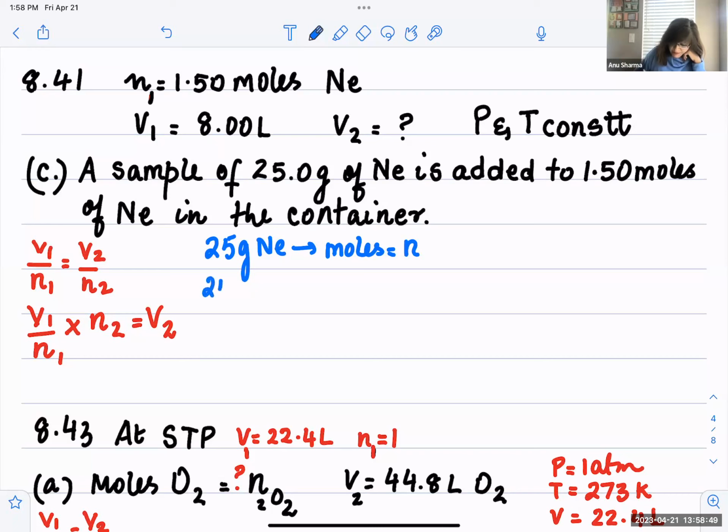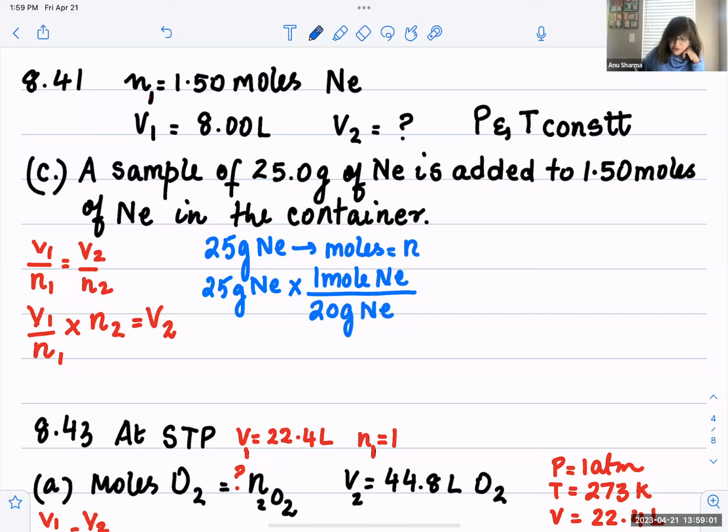So 25 grams neon times 1 mole of neon over 20 grams of neon. That number you get from the periodic table. So this comes out to be 1.25 moles.